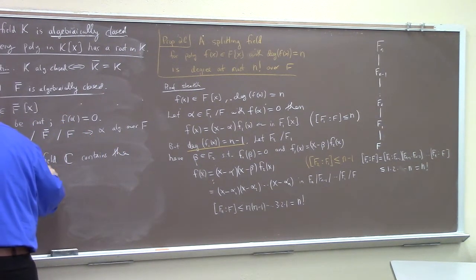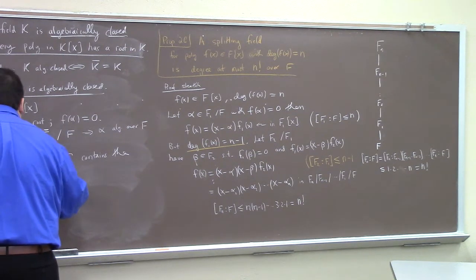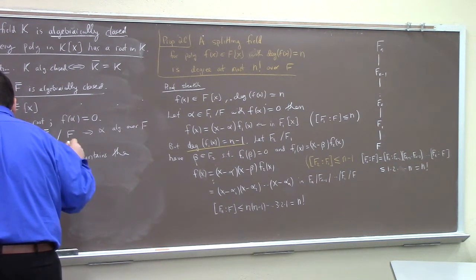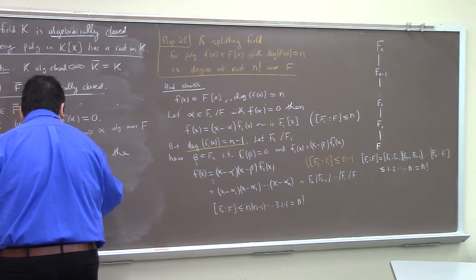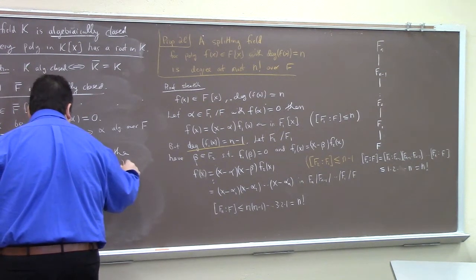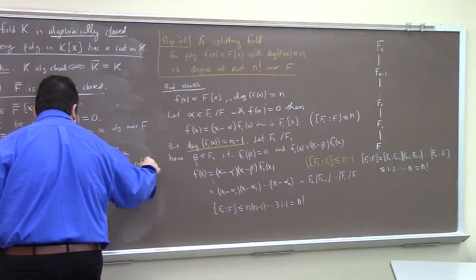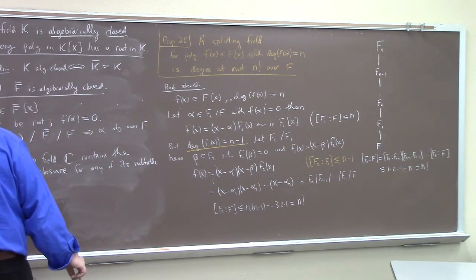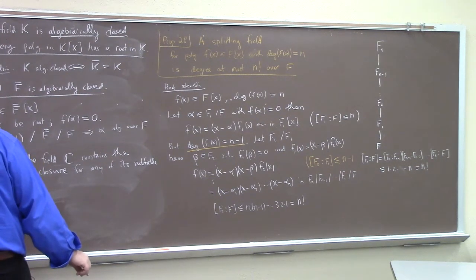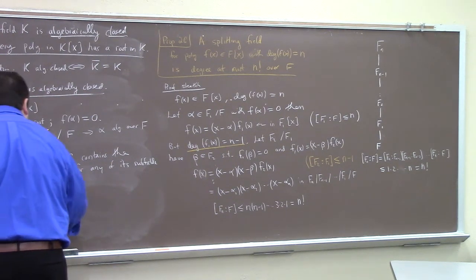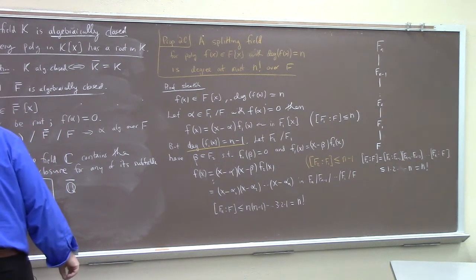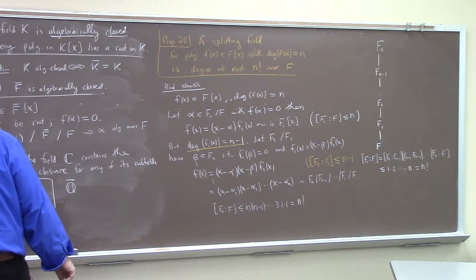I think I need examples to understand that proposition we just went through. So, in particular, Q bar is what? This is the collection of complex numbers that are algebraic over Q.